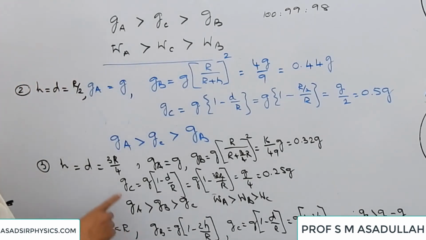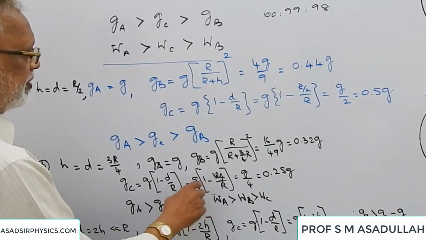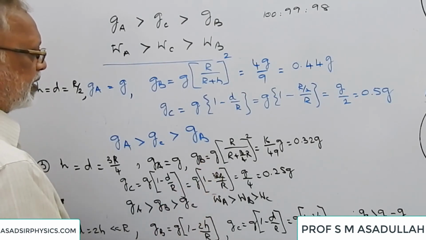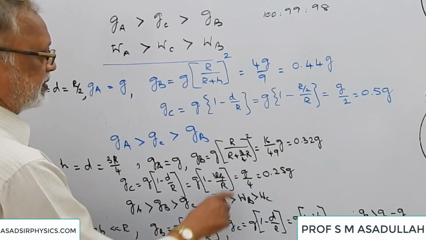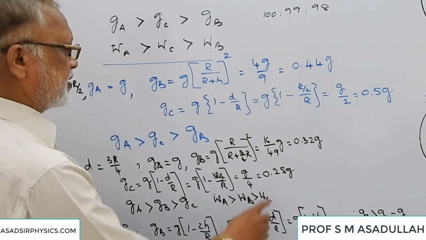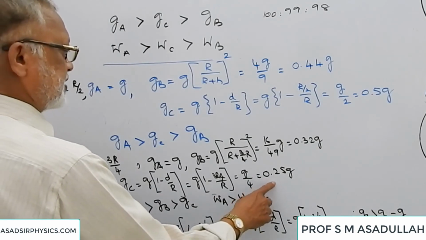Now let us consider point C, which is at a depth 3r/4. Then this will become g(1 - (3r/4)/r). That is 1 minus 3/4, that's equal to g/4, that's equal to 0.25g. Here you can see that Gc is less than Gb.